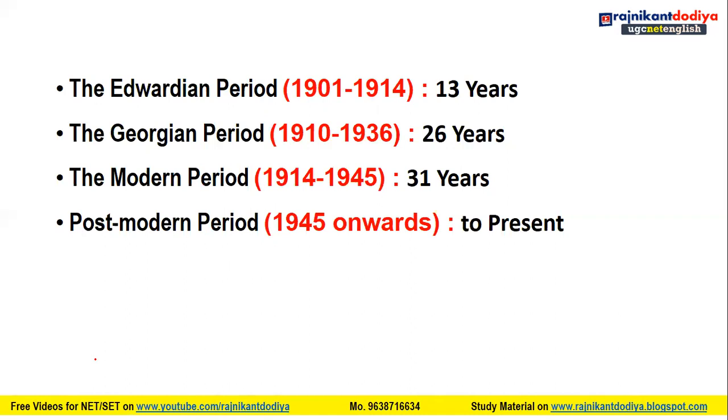And the poetry written in this period is also known as Edwardian poetry. It began from the death of Queen Victoria and continued to the starting of World War I. The First World War marked the end of this period, because in 1914 the First World War began, and the Edwardian period ended at that time.